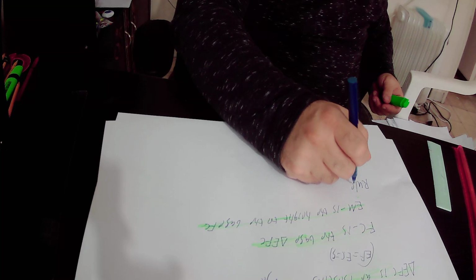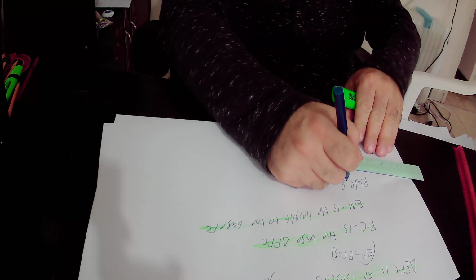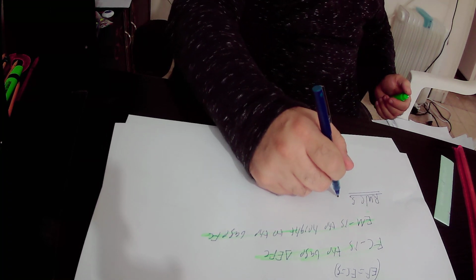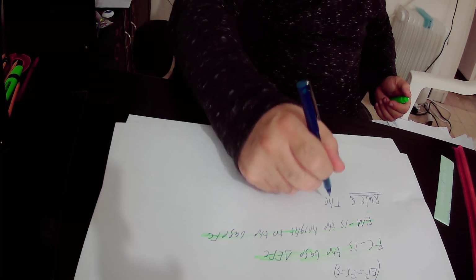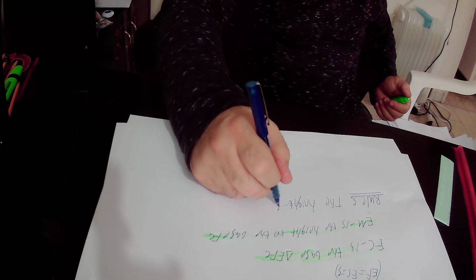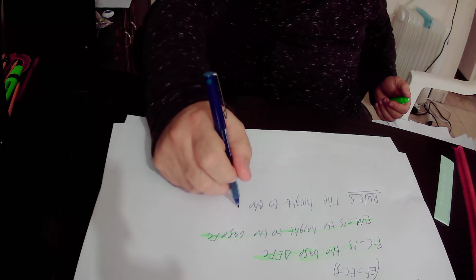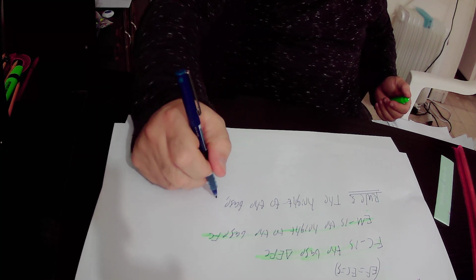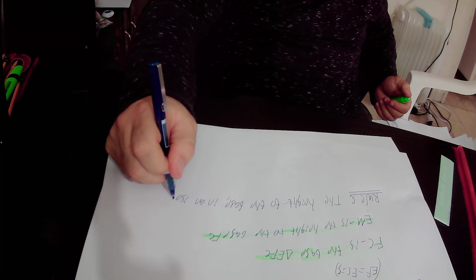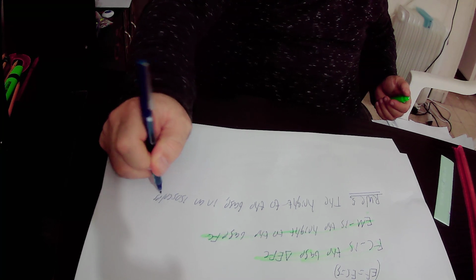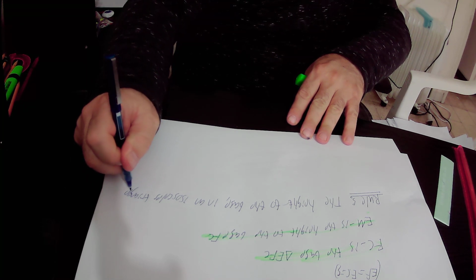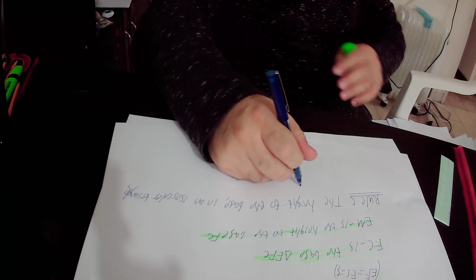According to rule number 5, the height to the base in an isosceles triangle bisects the base.